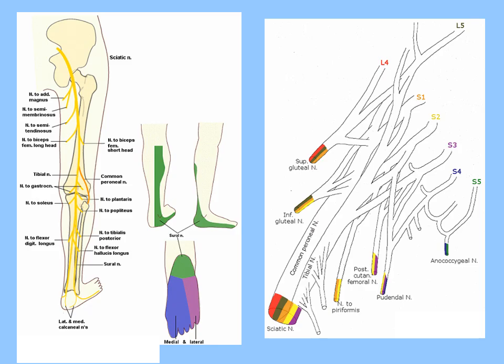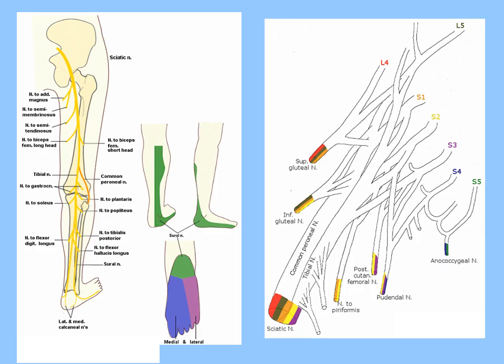Here is a graphic showing the sciatic nerve and its path down the posterior leg. The tibial nerve portion of the sciatic, again, innervates all of the posterior compartment muscles, with the exception of the short head of the biceps femoris, which is common peroneal nerve.